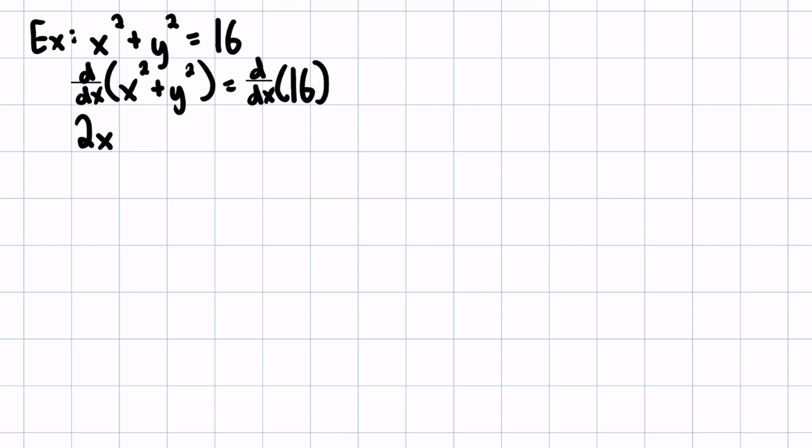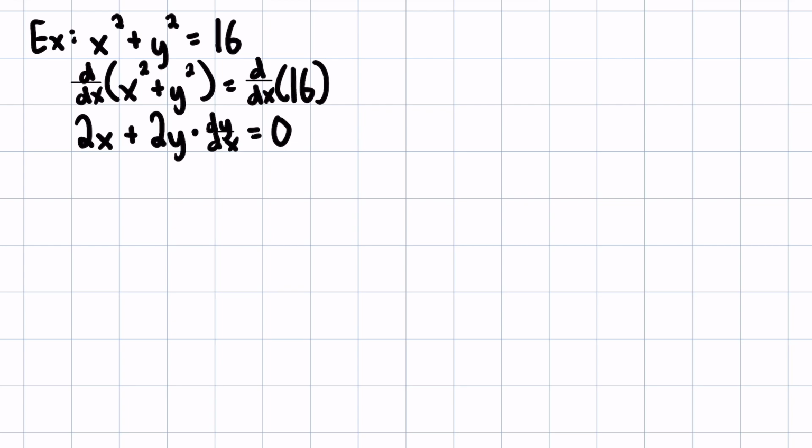So we're taking the derivative of y squared as if y is its own function of x, okay? So we're chaining it. So we bring down the 2 and just have 2y, and then we also have to multiply by the derivative of y with respect to x. So it's sort of like chain rule. And then on the other side, 16 is a constant, so this just becomes 0.